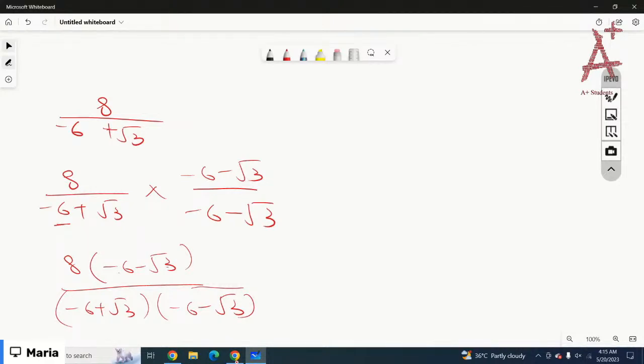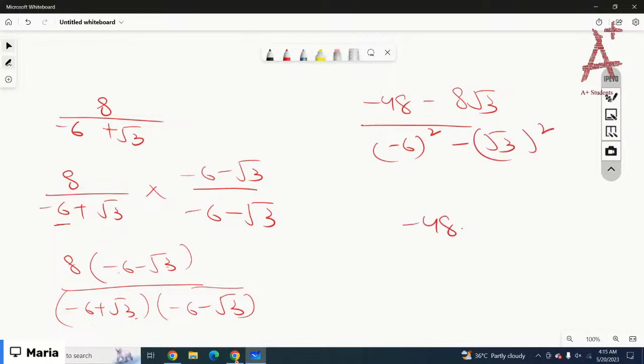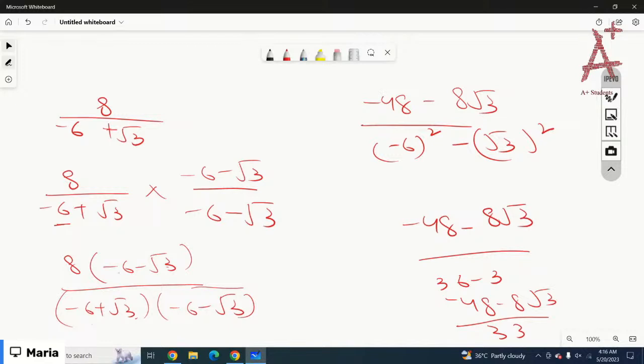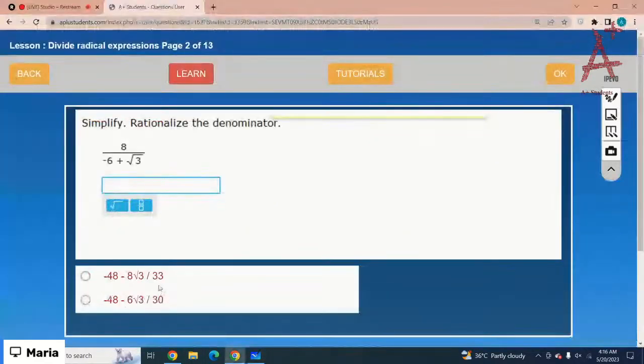Just multiply both the terms by 8. 8 times 6 is 48 minus 8 square root 3. And you can see it would be a plus b and a minus b. The terms are exactly the same. They are a difference of squares. So you can write it as negative 6 square minus square root 3 square. It would be negative 48 minus 8 square root 3. 6 times 6 is 36 and 36 minus 3 is 33. So it would be negative 48 minus 8 square root 3 divided by 33. That would be option number 1 is the correct option.